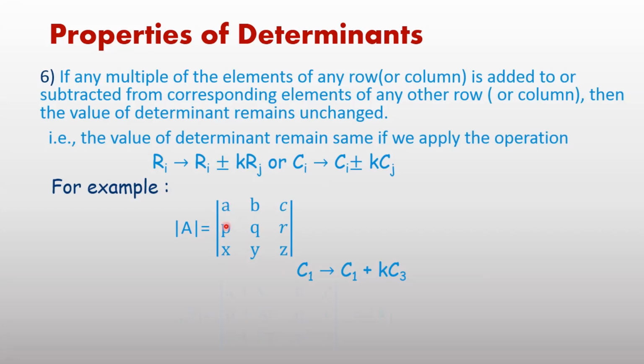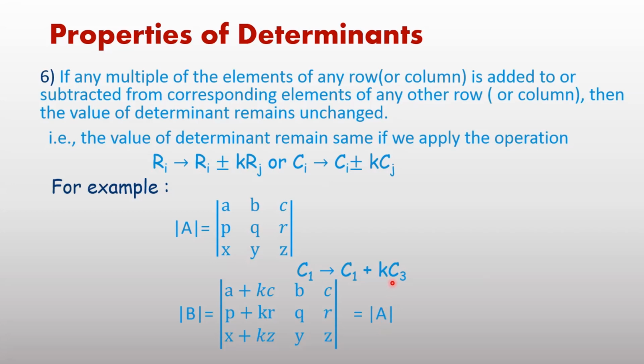C1 you are going to change. In C1 you can write a plus kc, p plus kr, x plus kz. Remaining second column, third column remains same. If you expand it, again the determinant of B is same as determinant of A.